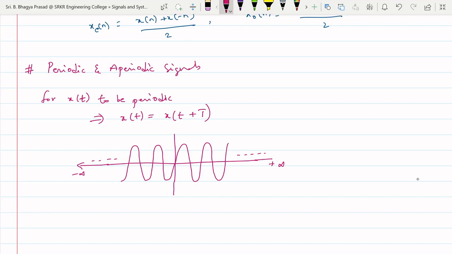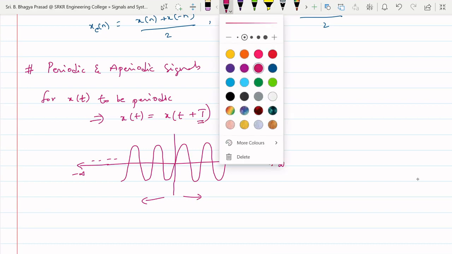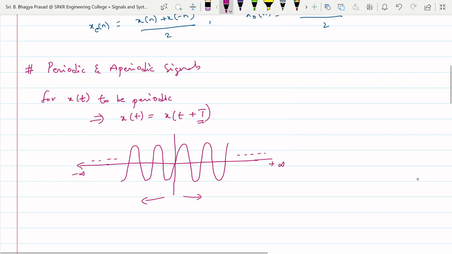If you shift either right side or left side by a value of T, and it holds the same structure for that shift, then the signal is periodic.